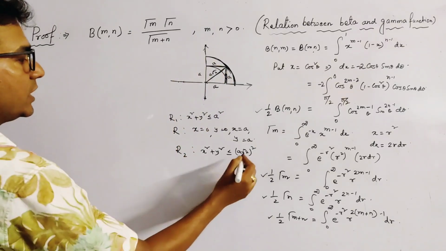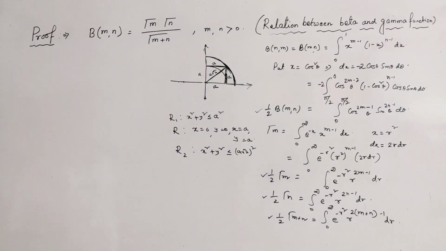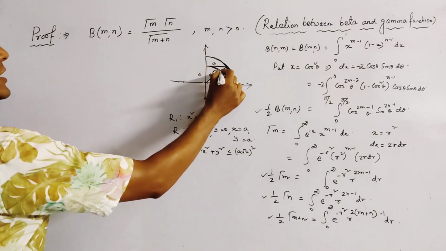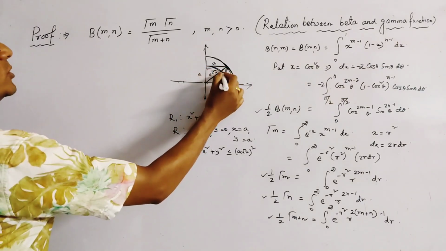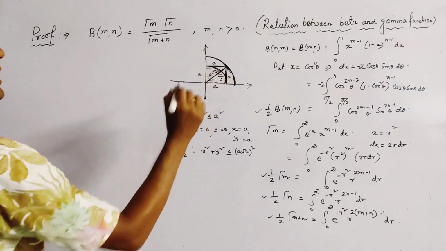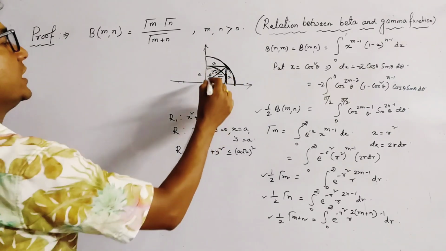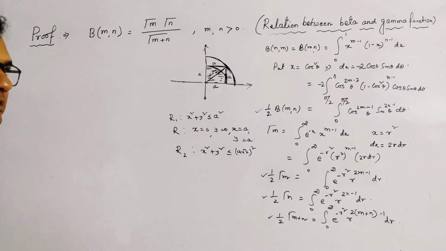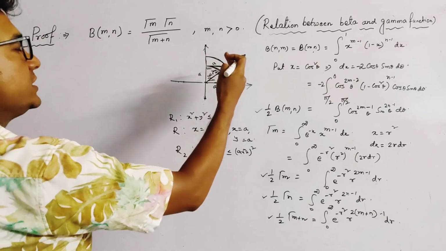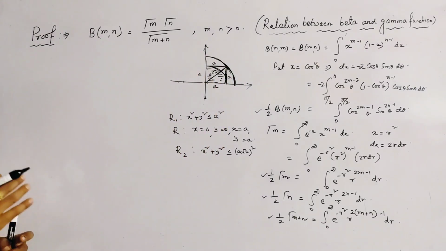So we get the last region as this. Clearly the area of the second region is more than the first region, and the area of the third region is also more than the first and second region.